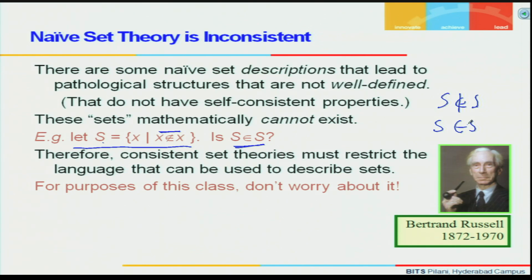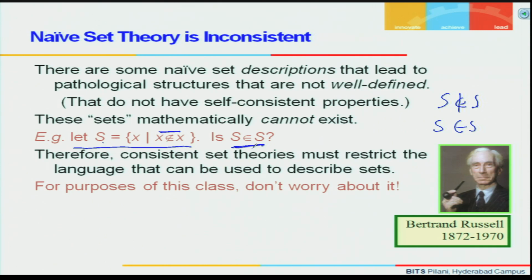That is where this theory is stuck. You have a statement for which you can't decide the truth value, and it is very much a declarative sentence. It is a proposition. You should be able to do it. This has been coined by Bertrand Russell: this naive set theory is going to have this kind of inconsistency. There are some statements like this which will make this naive set theory an inconsistent one.